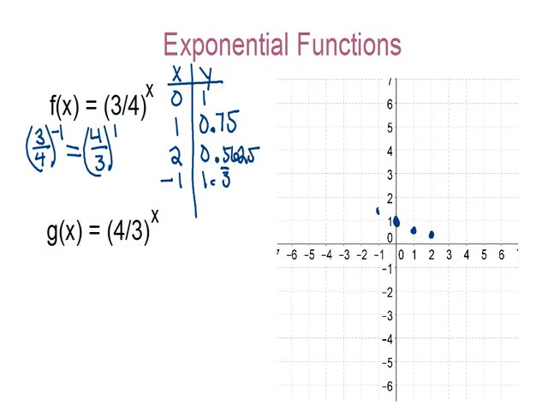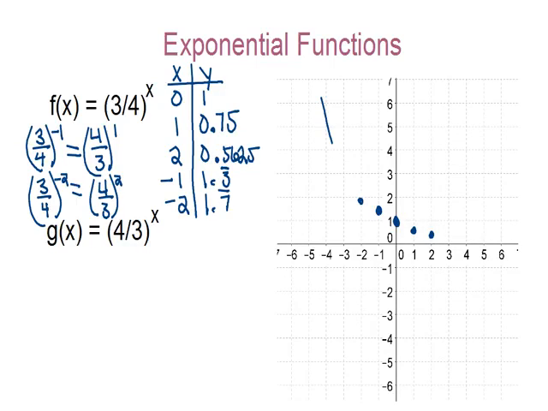So somewhere around there. -2, similarly, I could do 3/4 to the -2 power is really 4/3 to the +2 power. So that is going to be 1.7 repeating. So it's growing on that side, albeit fairly slowly, but it is growth. Okay, so overall this is decay because that's what happens to the right.